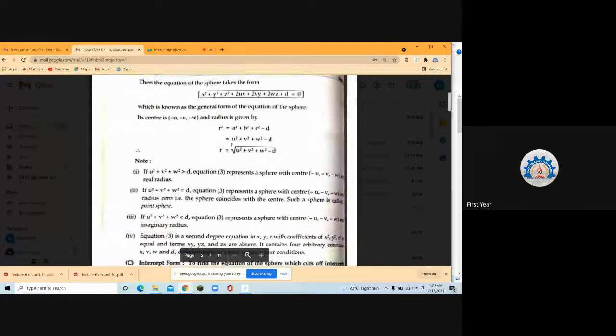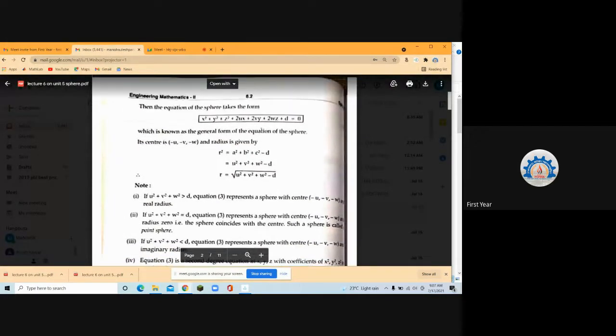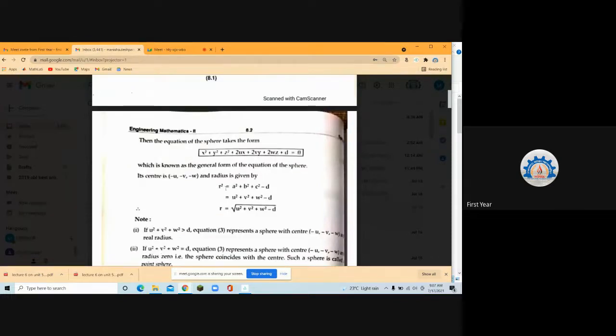Okay. Then there are some conditions on this radius. So what we have taken, a square plus b square plus c square minus r square is d. So from this, what is r square? It is a square plus b square plus c square minus d. Correct? Here it is written, see. r square is a square plus b square plus c square minus d.